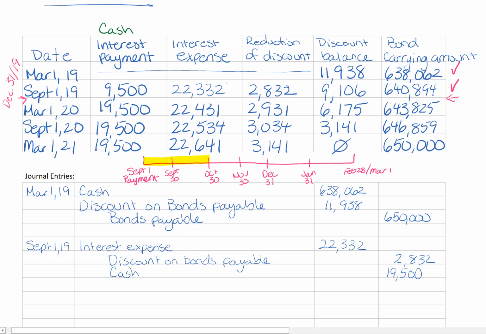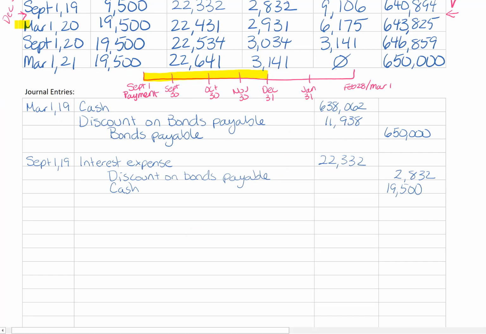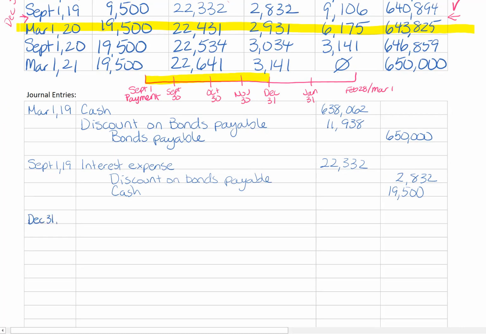So we want to record the interest expense up until December 31st. So between September 1st and December 31st is 4 months, and you can count the months on your fingers if you want to. September, October, November, and December. In order to do our calculations for our journal entry, we are going to take the amounts in the table from March 1st, 2020, and we are going to multiply them by 4/6.